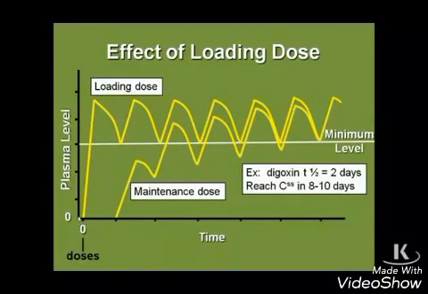And if you gave a loading dose, most often that loading dose is going to be twice the maintenance dose. Its primary purpose is to give you a spike in the plasma, a level that's clearly above the MEC, so that the drug is going to start working and have its effect in the body right away. If you then follow that loading dose up with a maintenance dose, you can help to maintain plasma levels that are above the MEC.